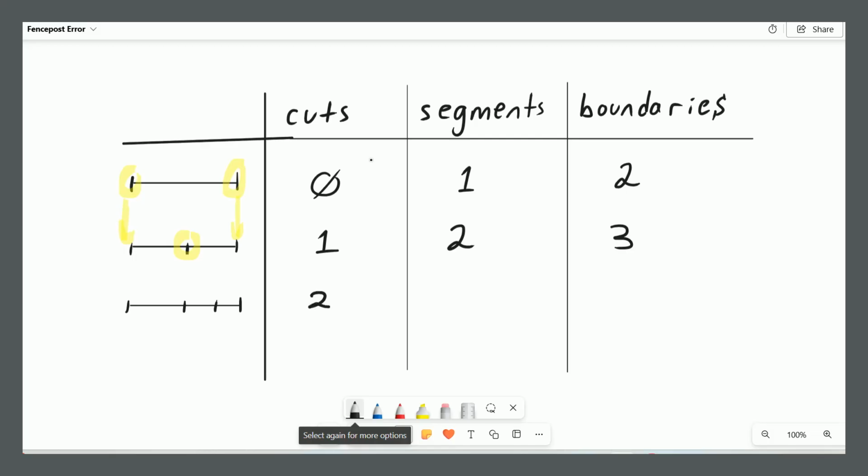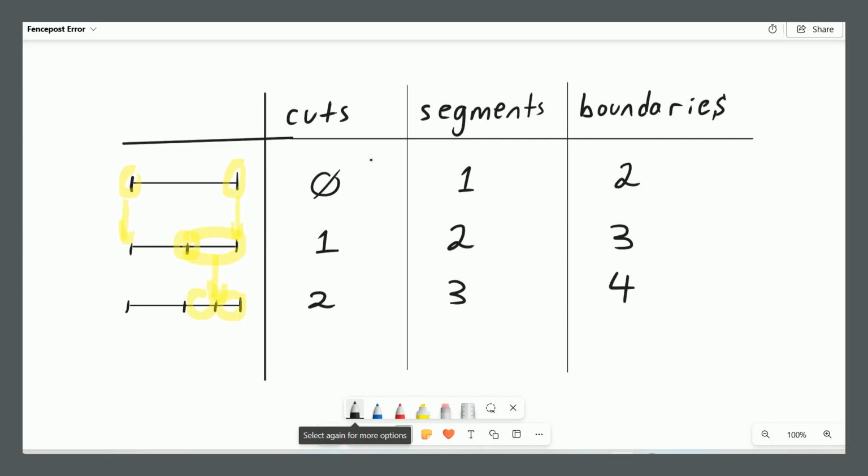So now we have 2 cuts. We have 3 segments, again, an extra segment because we took an existing segment and cut it into 2, right? So we have an extra segment now, and we have 1 more boundary, right? So we have 4 boundaries, the 3 that existed before, plus the extra cut that we made, and so on.